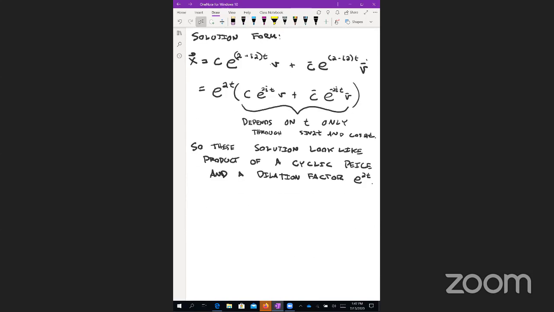And so the picture that we can draw of these solutions, right, is that we have x, we have y. Figuring out which direction they go around is a little bit complicated.